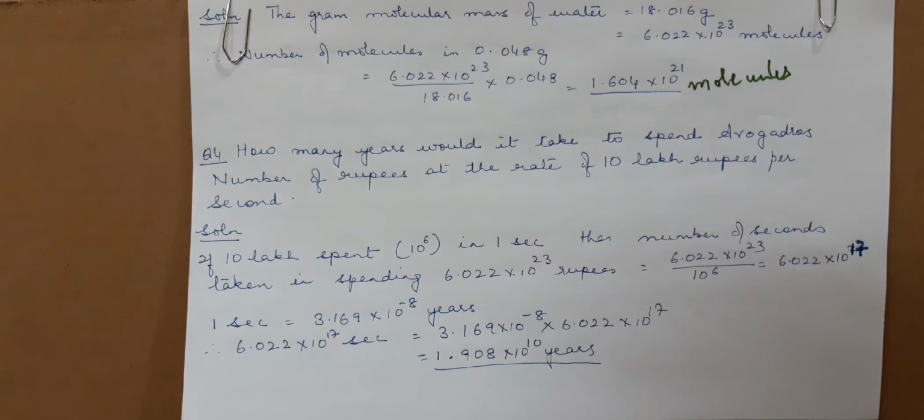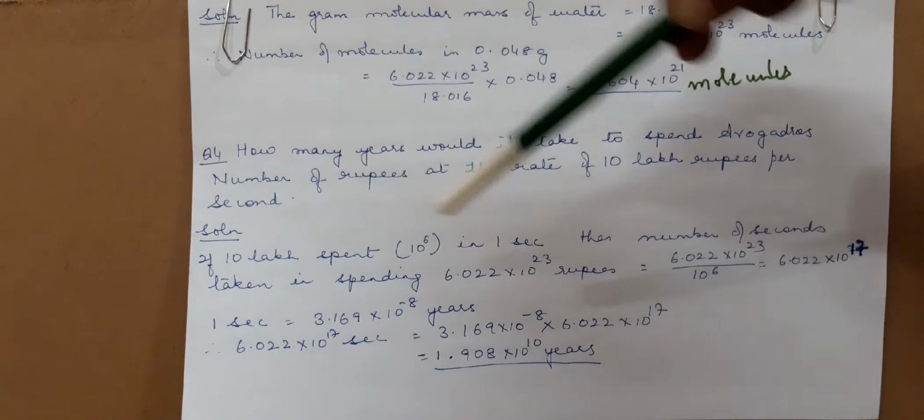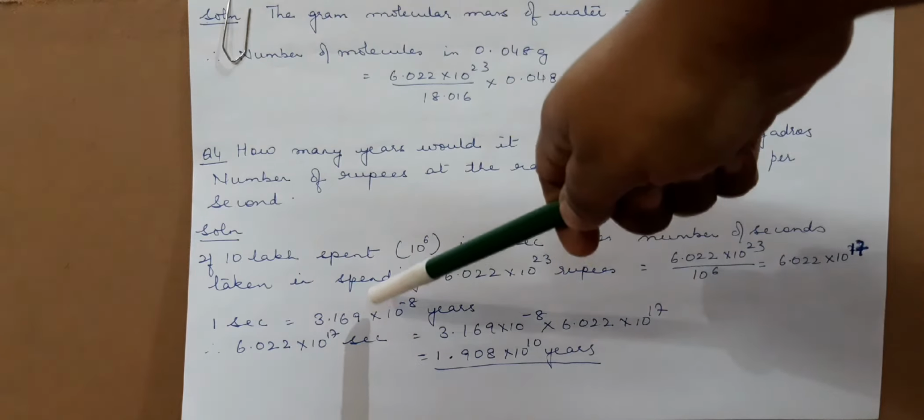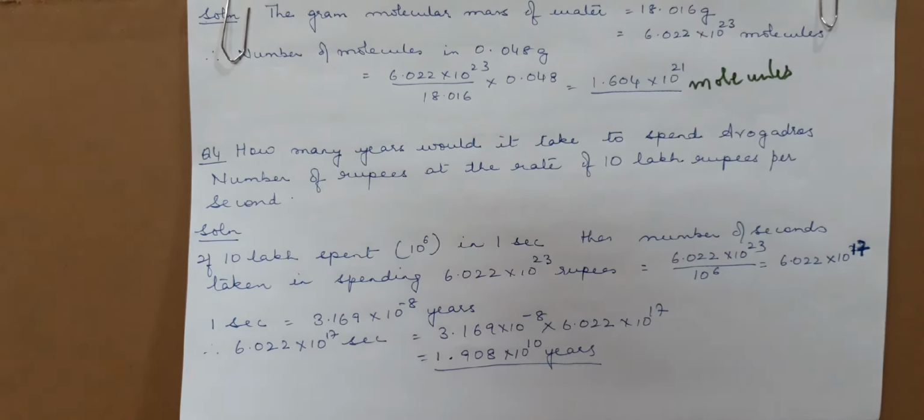Now 1 second is how many years? 1 second would be 3.169 into 10 to the power minus 8 years. So this many number of seconds will be how much? 1 second is 3.169 into 10 to the power minus 8.